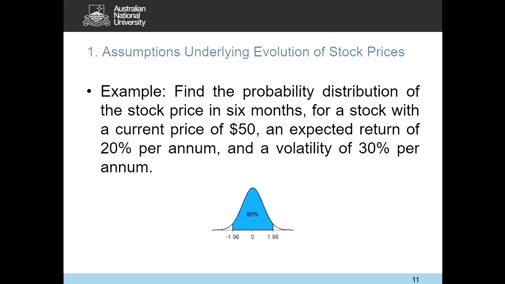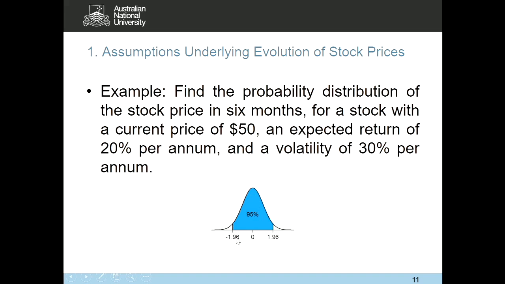So a quick recap. From the basic stats course, we know that 95% of the area of a normal distribution is within 1.96 standard deviations of its mean. In other words, 95% of the area is between minus 1.96 and positive 1.96, right?